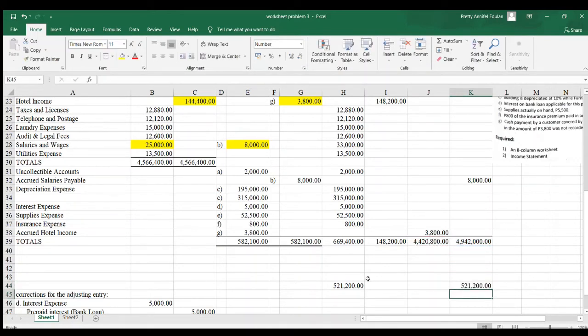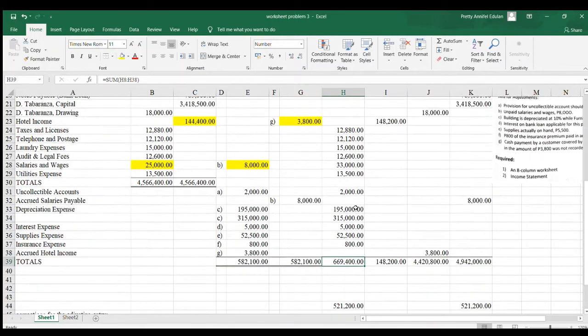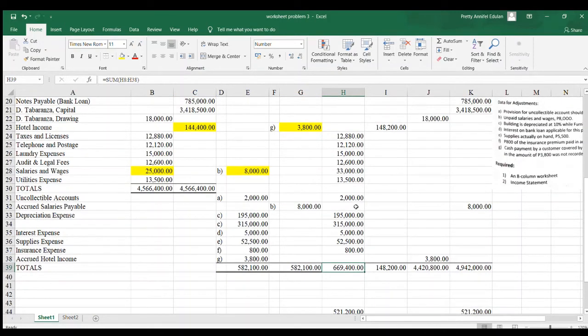Oh, so it's the same. Let's see whether it is net income or net loss, which is higher, debit or credit. So it's debit. What are the components of debit? It's expense. If expense is higher, this is a loss. Or you could write net loss.